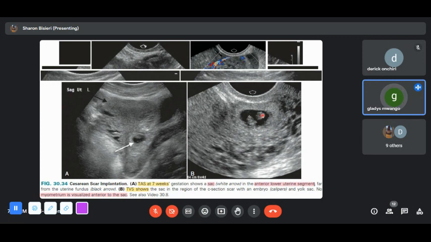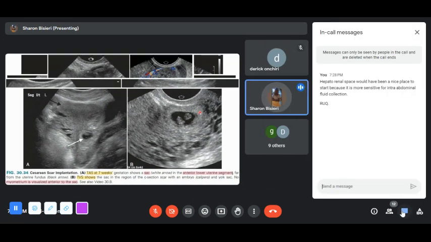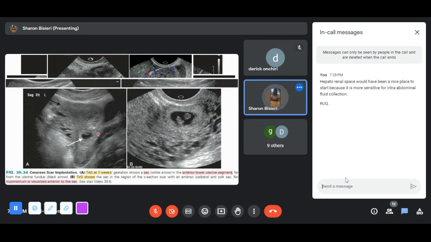I think you're going to be doing a session looking at the different anomalies and the different appearances of the yolk sac. Also, we can differentiate that this gestational sac is within a region that is not the cervix by examining the surrounding tissues.